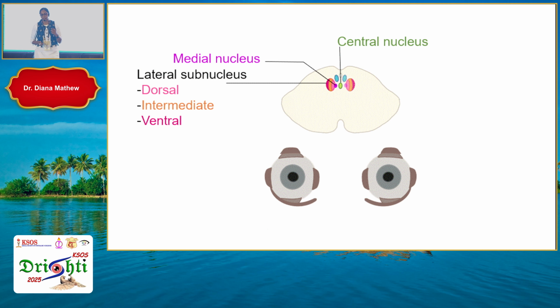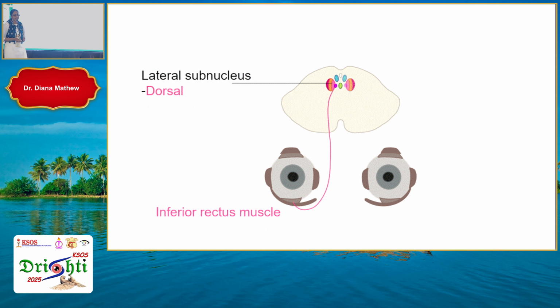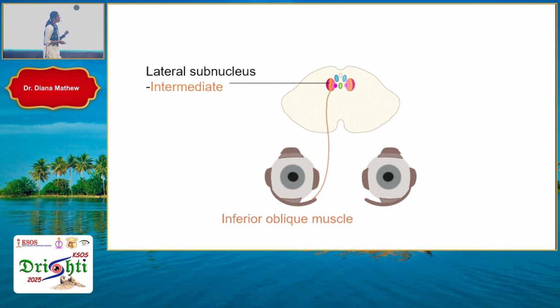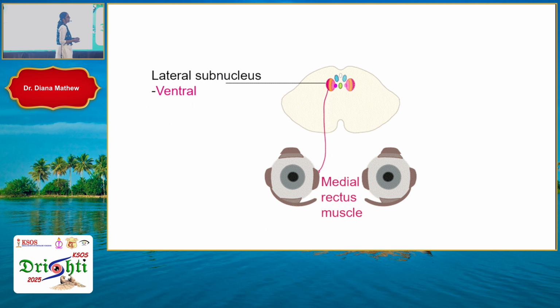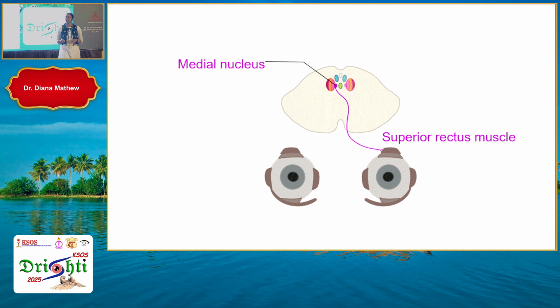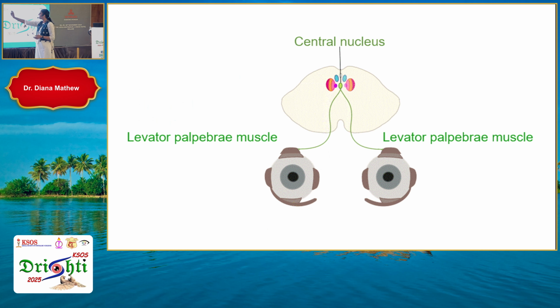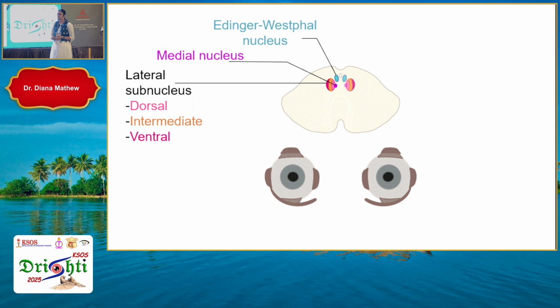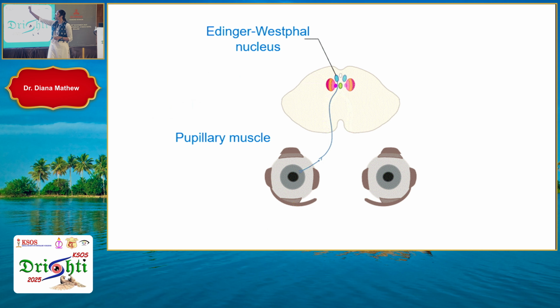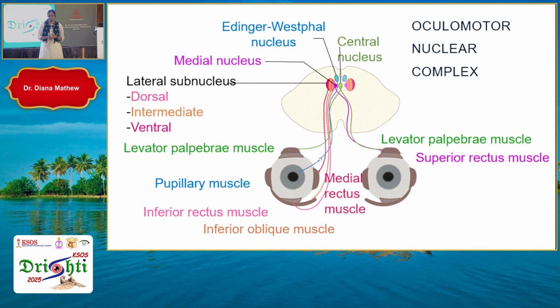The lateral subnucleus supplies ipsilateral inferior rectus muscle. It again supplies ipsilateral inferior oblique muscle. It also supplies ipsilateral medial rectus muscle. The medial nucleus supplies contralateral superior rectus muscle. The central nucleus supplies bilateral levator palpebrae superioris muscle. The accessory parasympathetic Edinger-Westphal nucleus supplies the pupillary muscle.